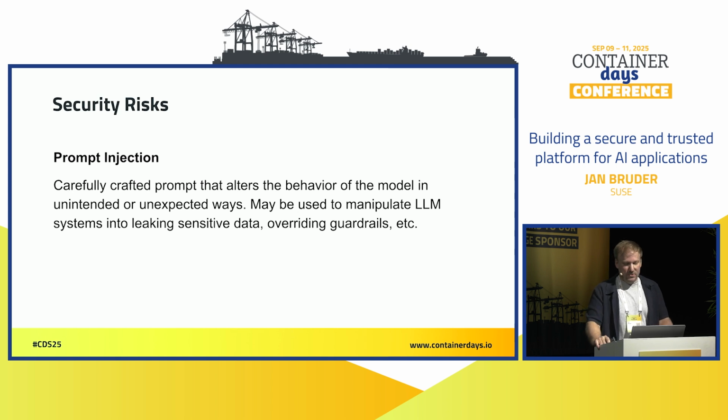So this might be used for different things. There was one example, I think a week ago, where someone used prompt injection to retrieve serial numbers for Microsoft that were stored in the model.